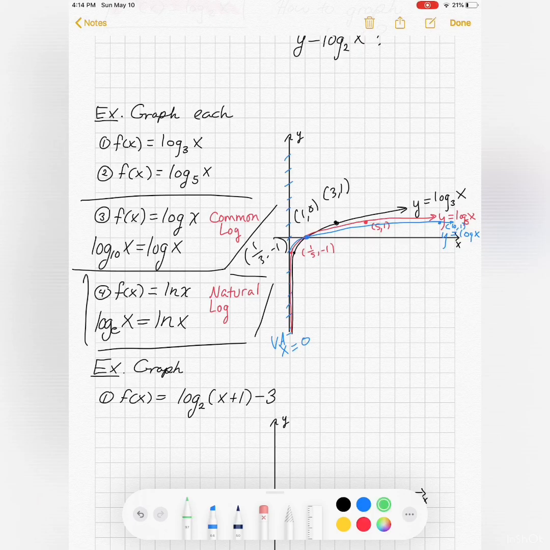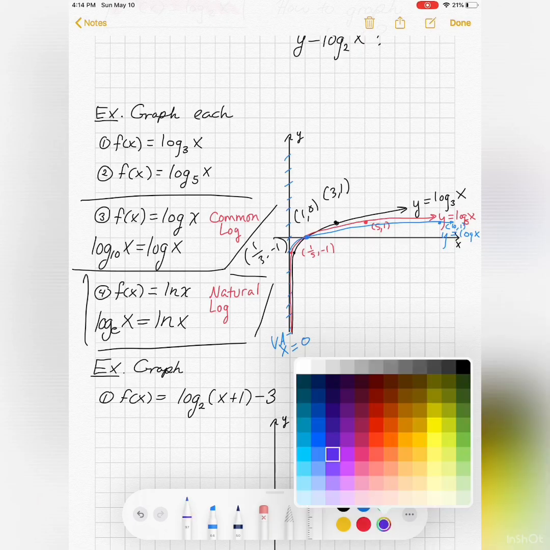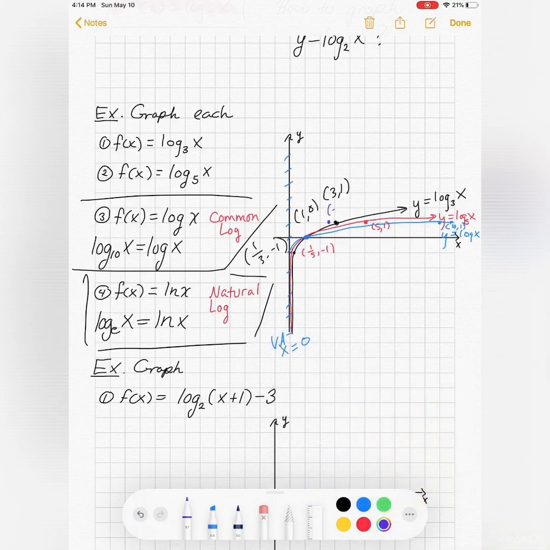Let me see, different color. 2.71-ish, so that'll be here. Then 1, 0, and then close to a third, negative 1.